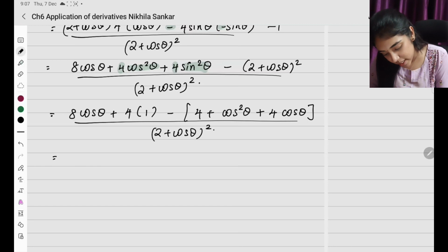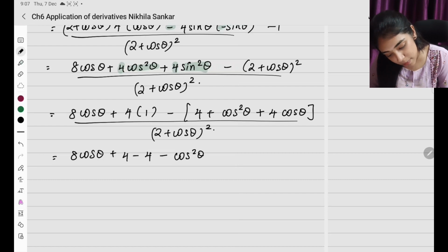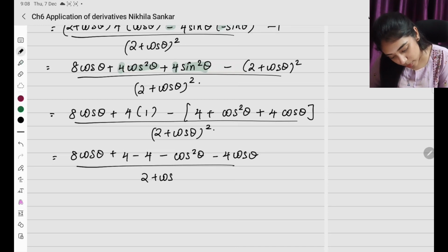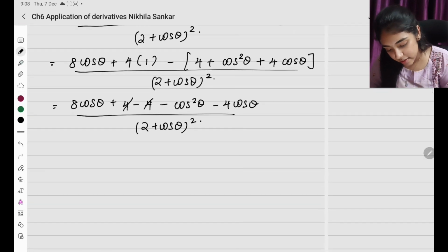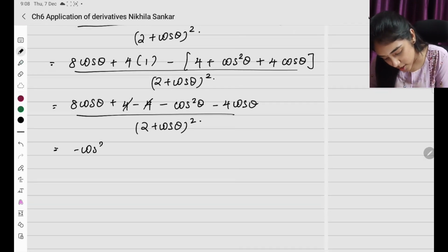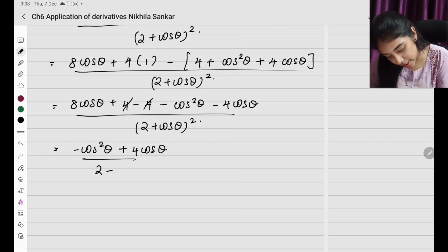So when I open the minus, I have 8 cos theta plus 4 minus 4 minus cos square theta minus 4 cos theta, the whole divided by 2 plus cos theta the whole square. The 4 and the 4 get cancelled. So I have minus cos square theta plus 4 cos theta divided by 2 plus cos theta the whole square.